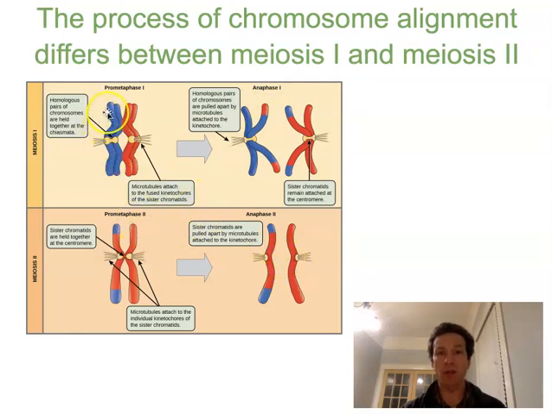And so it shows really clearly that in prometaphase 1, this chromosome is attached only to the left-hand pole. This chromosome is attached only to the right-hand pole, allowing these two homologs to separate. In meiosis 2, it's a sister chromatid attached to the left and the right pole, allowing the sister chromatids to separate in anaphase 2.